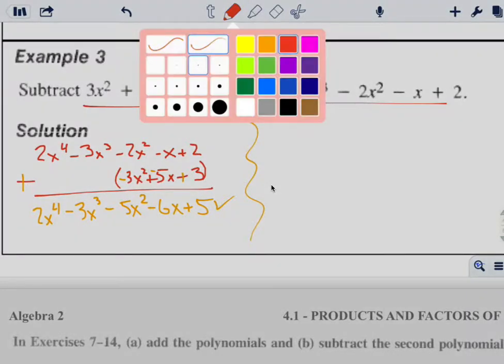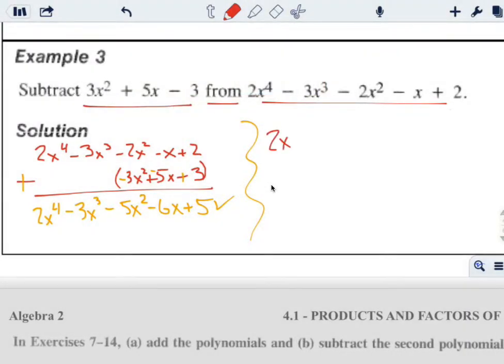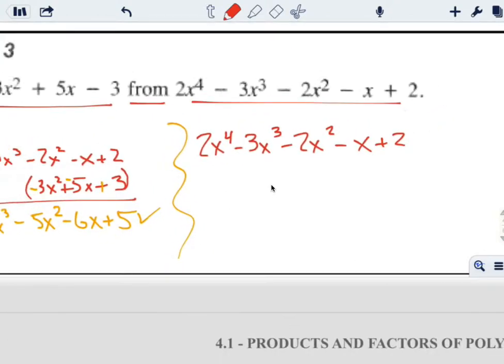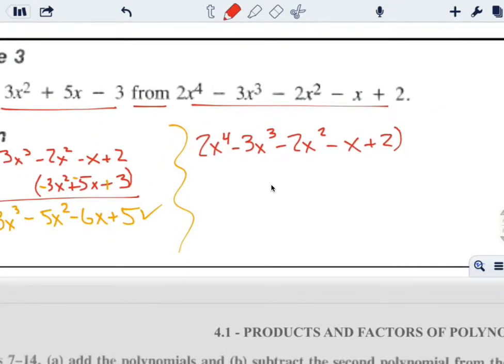Okay, horizontally would say do it like this. 2x to the 4th minus 3x cubed minus 2x squared minus x plus 2. Put that in parentheses, minus 3x squared plus 5x minus 3.